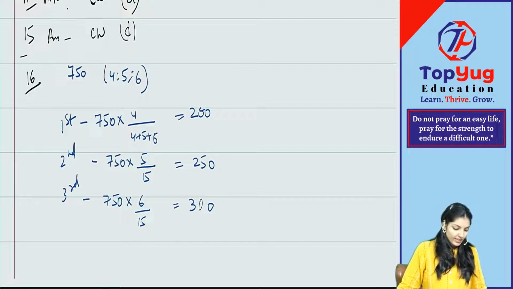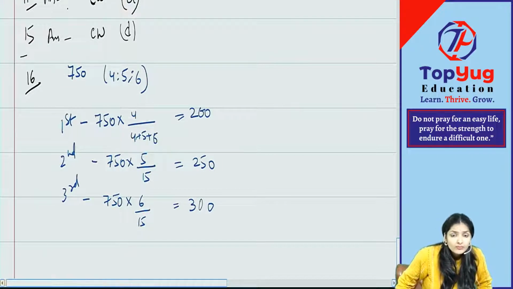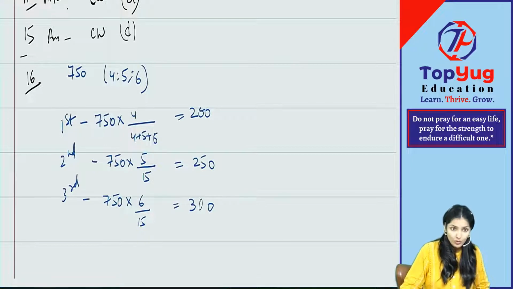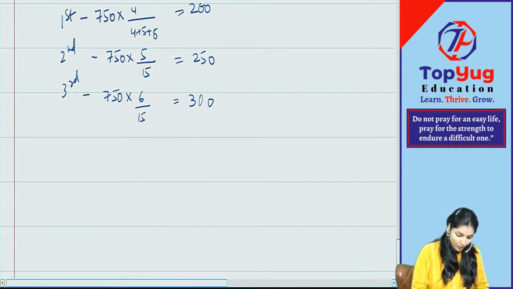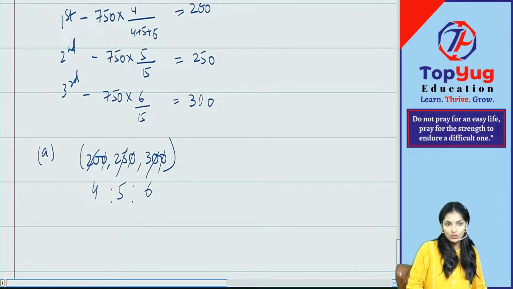Guys, try doing 17th, 18th. You want me to show the trial and error method? Take option A. Option A is given as 200, 250 and 300. So cancel it, na. When you cancel it, you get 0, 0, 0. Now 5 4s are, 5 5s are, 5 6s are. So you got the ratio, na, the specified ratio in the question.